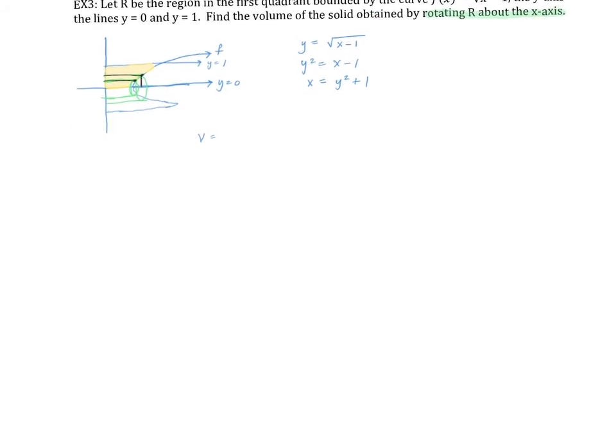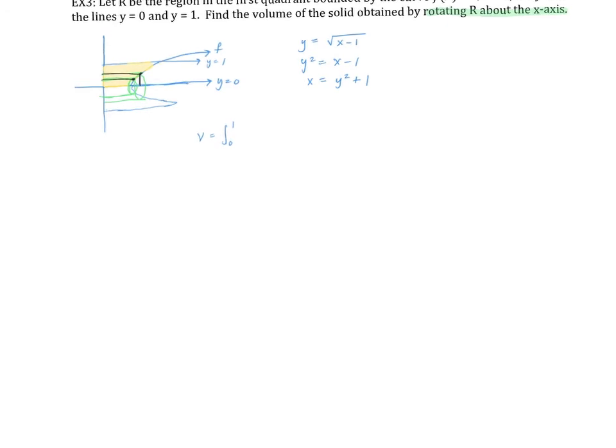Our volume is again with respect to y. We're going to be integrating from y is equal to 0 to y is equal to 1. This will be a 2 pi y, and the radius is y squared plus 1 dy.